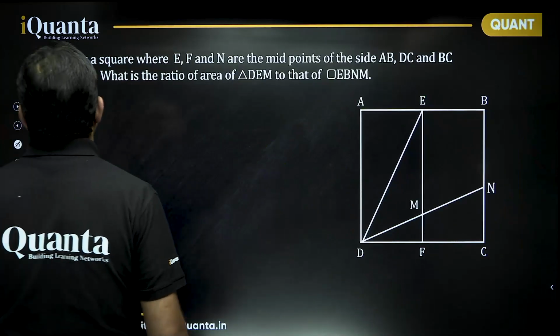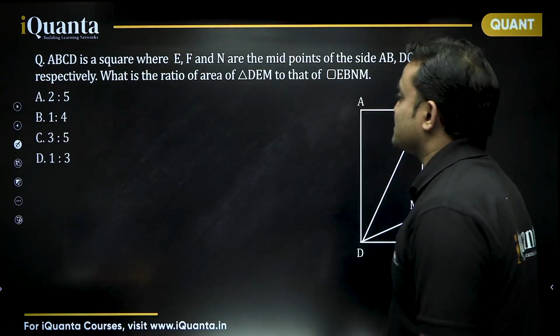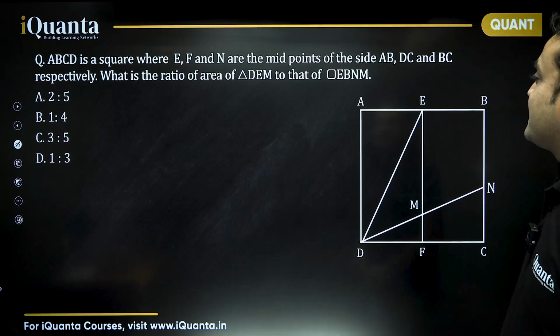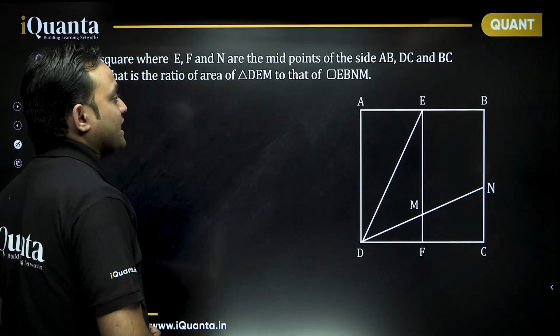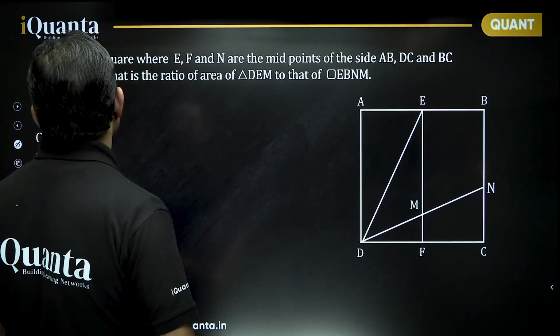Next question. ABCD is a square where E, F and N are the midpoints of the sides AB, DC and BC respectively.